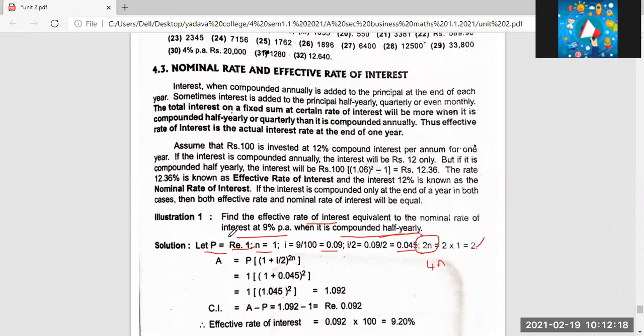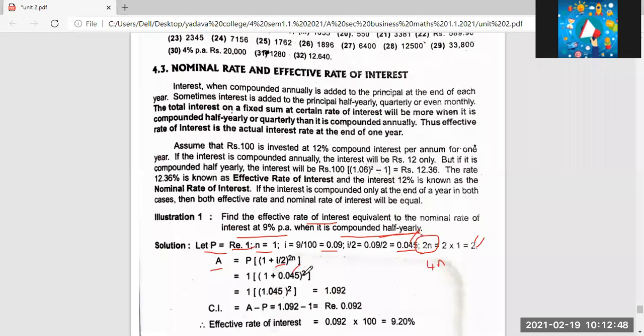So now we are going to apply it on the formula. Amount is equal to P into the whole power of 1 plus I divided by 2, since half yearly we are dividing by 2, the whole power of 2 into N. That is, here principal 1 rupee we have assumed. So 1 into 1 plus I divided by 2, 0.045, that we have taken. 2N, 2 we have found.